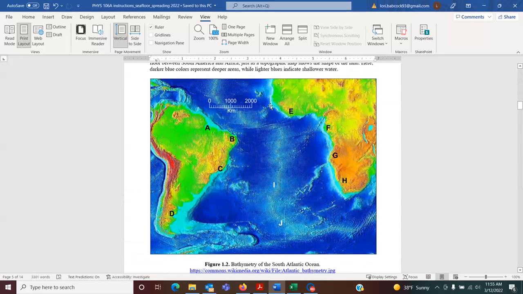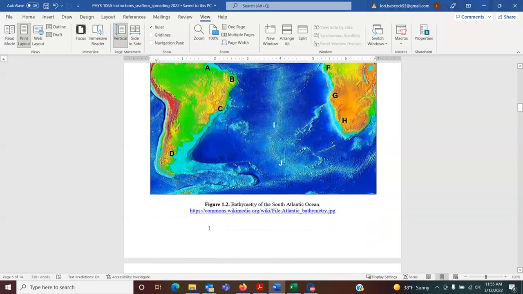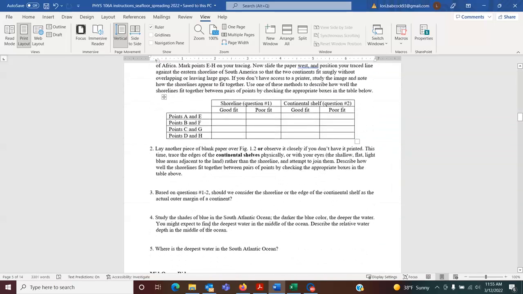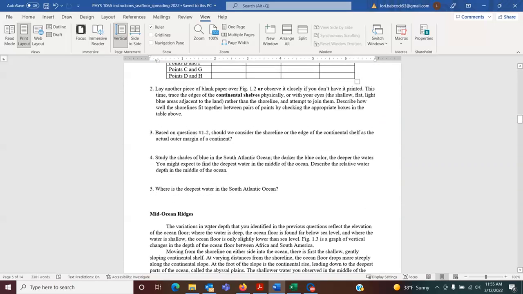This continental shelf is the lighter, shallower area of the ocean floor that you see. And we're asking how well these appear to fit together. No need to print it unless you really want to.